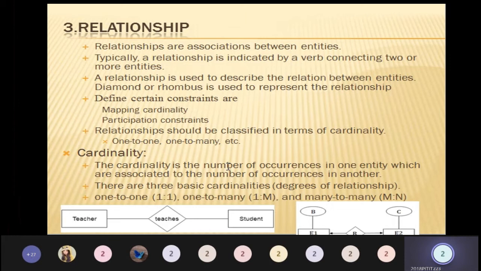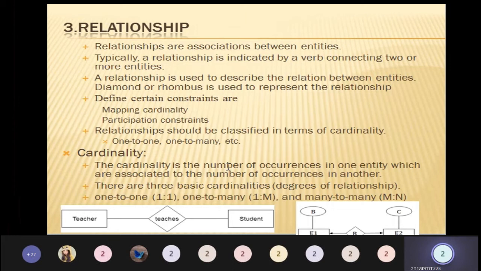How do we find the cardinality? Cardinality is the number of occurrences in one entity which are associated with the number of occurrences in another. These are the three basic cardinalities, the degree of the relationship: one to one, one to many, and many to many.